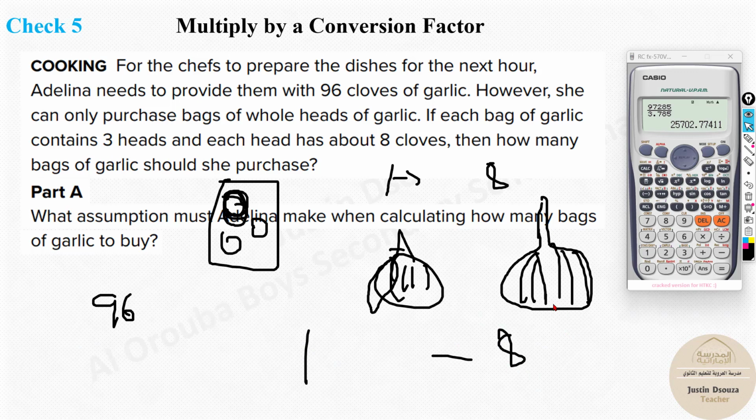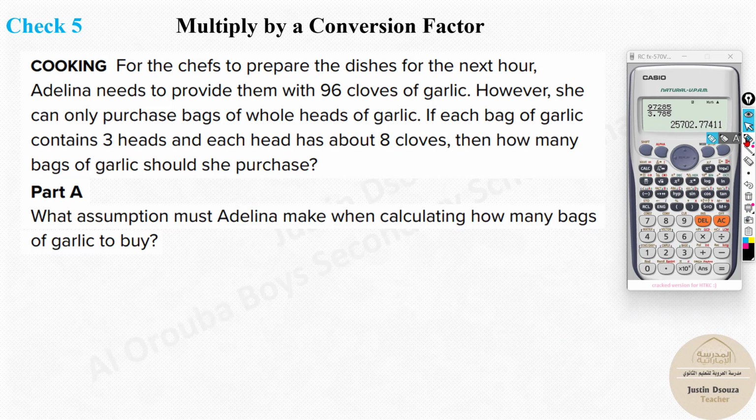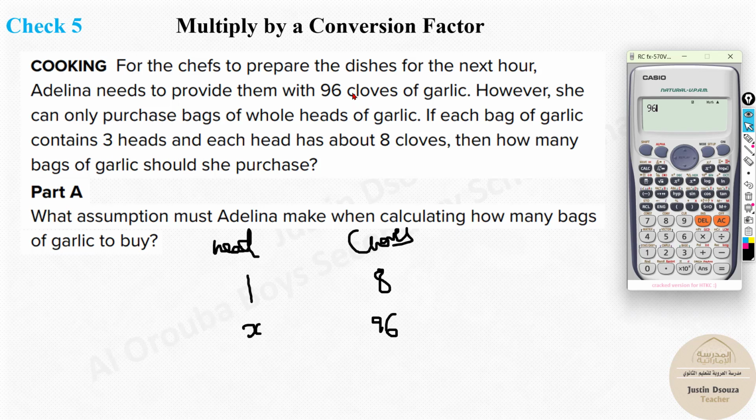Now, you need to try to analyze this a lot. Let me write one head and cloves. One head has 8 cloves. 96 cloves means how many heads? Cloves means small thing. We have 96 cloves, but we need it in terms of heads.